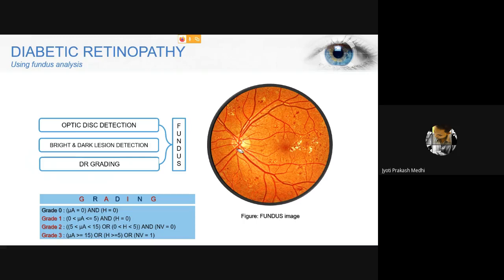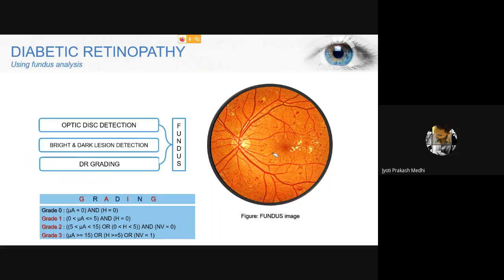This optic disc detection is required for various requirements. We can see the intensity of this optic disc and the intensity of the exudates are very much similar in nature. So in order to have lesser amount of mismatches or lesser amount of false positives, we have to identify and mark the optic disc when we are detecting the exudates.